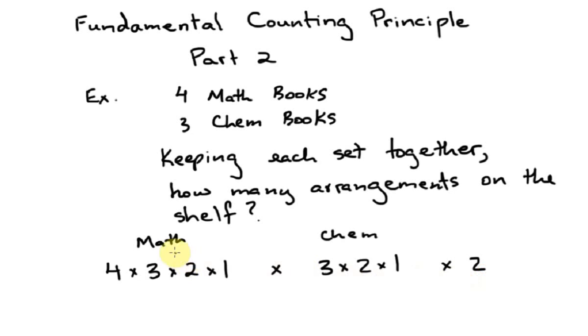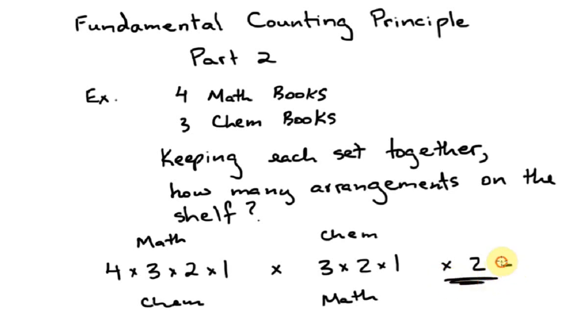Well, because we assumed you go math and then chem, but what if I put the chem books first and then the math books? I'm going to get basically another set of arrangements, right? In this case, it does count as a different arrangement because it's got the chem books first and then the math books. So in order to compensate for this possibility, that's why I have times by 2.